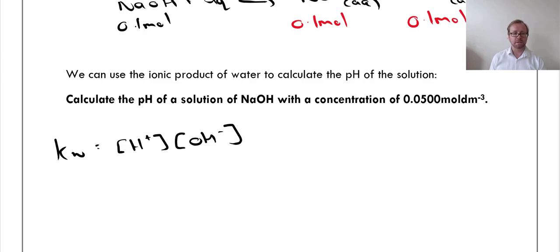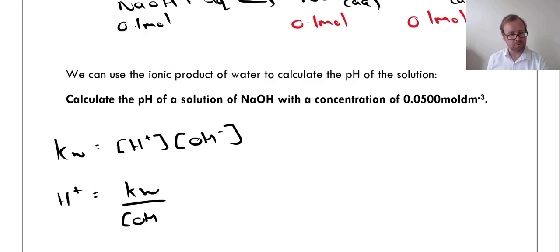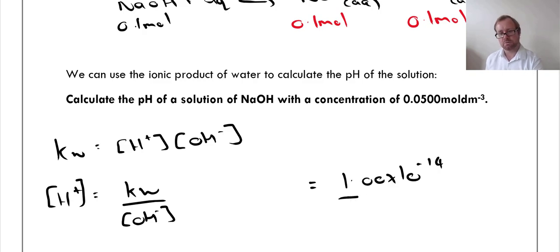Now when we're talking about the pH at room temperature, we can change these values to calculate the H plus. So I can rearrange this equation. So H plus is equal to Kw over concentration of OH minus. Therefore 1.00 times 10 to the minus 14 over my concentration of OH minus.